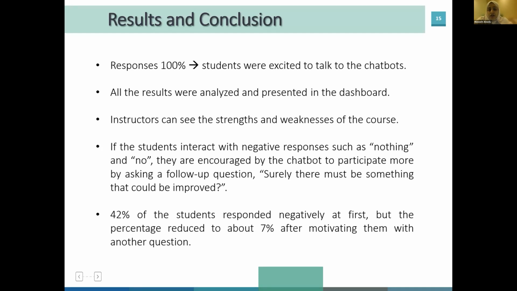So if the students responded negatively, such as "nothing" or "no," they were encouraged by the chatbot to participate more by asking a follow-up question, like "surely there must be something that could be improved." We found that at first 42% of the student responses were negative, but after encouraging them with a follow-up question, this percentage was reduced to 7%.